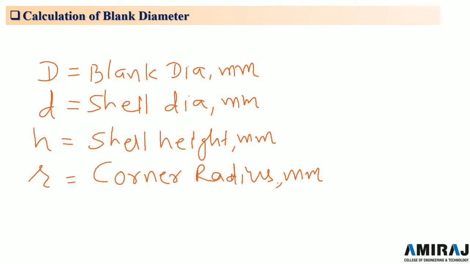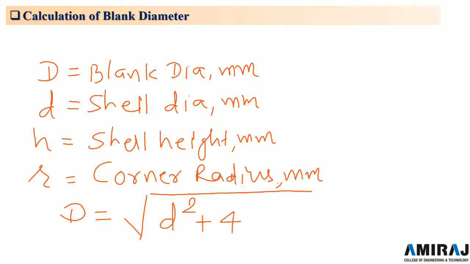Neglecting the small variation in thickness of the shell and the effect of shell radius, the diameter of the blank required, capital D, is given by this equation. Capital D is equal to under root small d square plus 4 times small d into h.